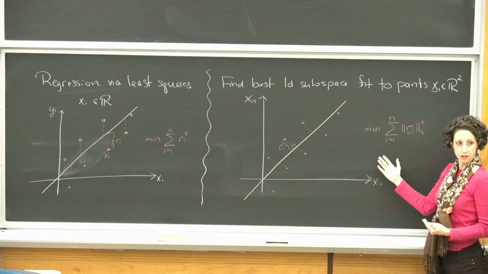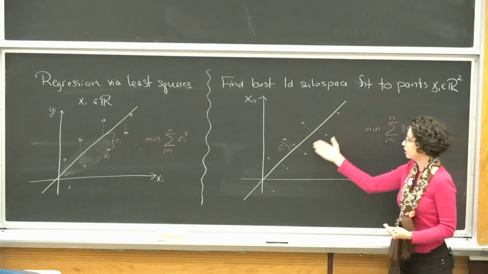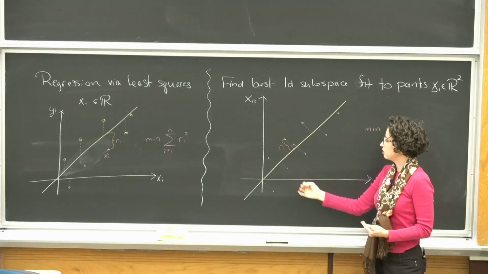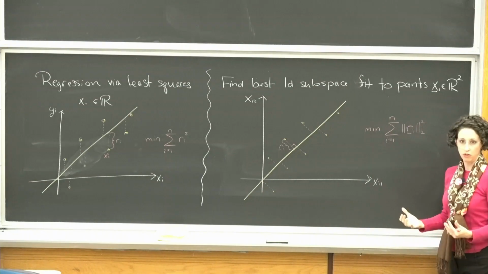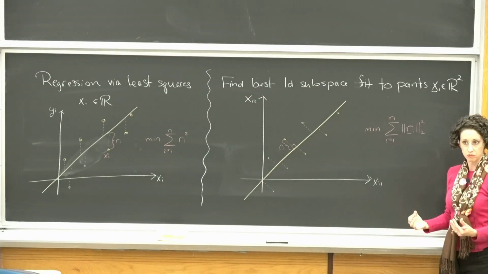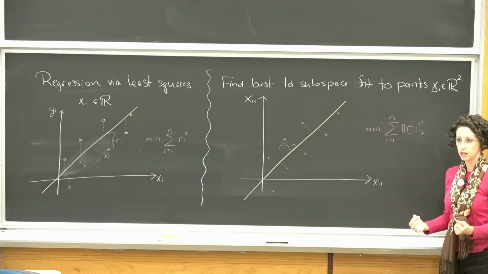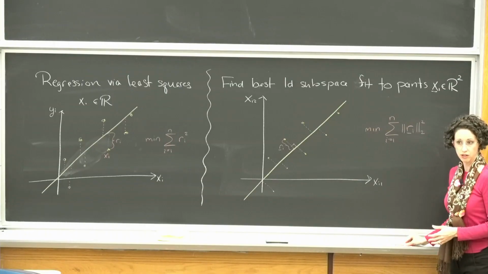We're just having feature vectors, and we're trying to find whatever 1D subspace is closest to all of those feature vectors. Any questions about this so far?